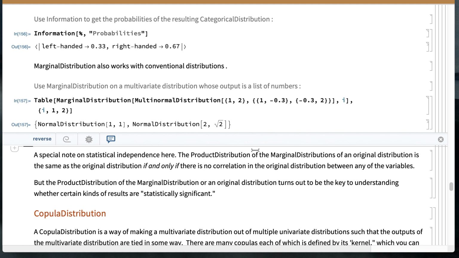So why would you ever take marginal distributions of, say, a multi-normal distribution? Precisely to see, in some sense, whether there was any association between the multiple outputs of the original distribution. So we're going to be using marginal distributions and product distributions a lot in our discussion of hypothesis testing.